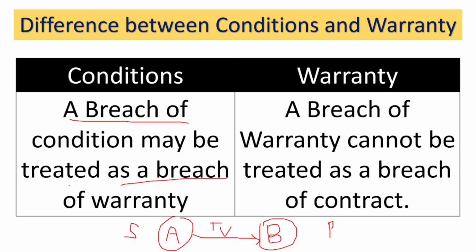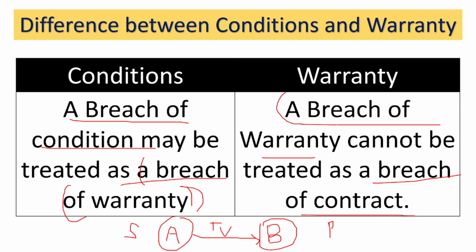Then where will the question of warranty come? So breach of condition is treated as breach of warranty, but breach of warranty cannot be treated as breach of contract. See, he would have sold the goods and the goods get damaged. That time we cannot say that he has not sold the goods. According to contract he has sold the goods. That's why breach of warranty cannot be treated as breach of contract.